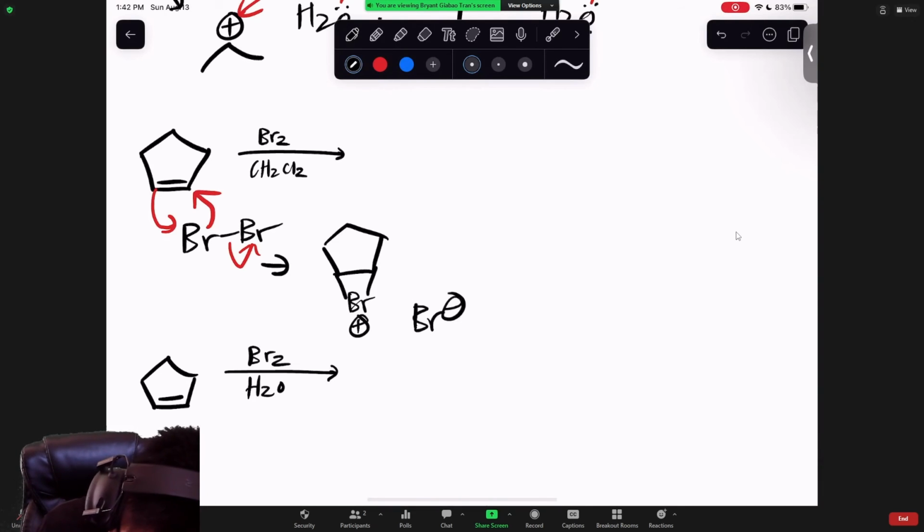And then this bromonium ion makes these carbons very electrophilic. We're going to choose one of them to attack, kick out the other bromine.